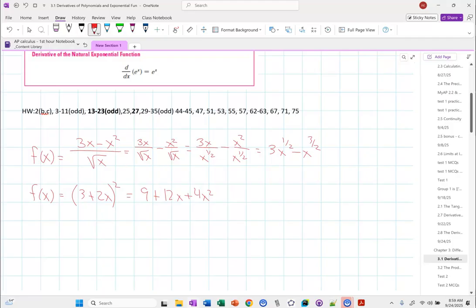Okay, so if I look at the graph, what function is on the bottom? What's the graph?